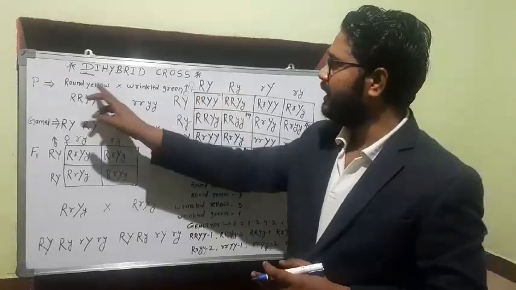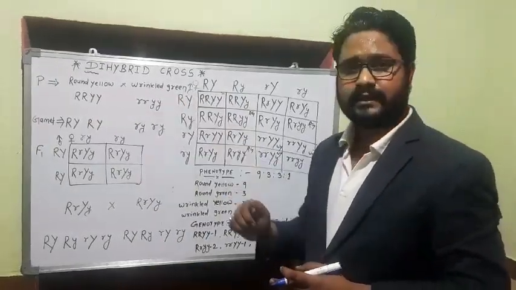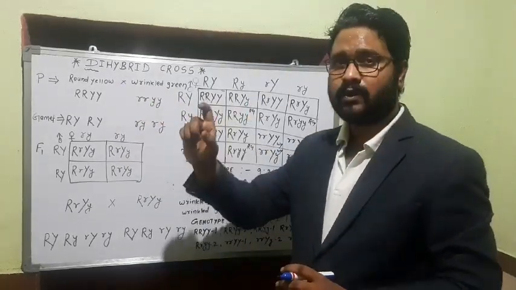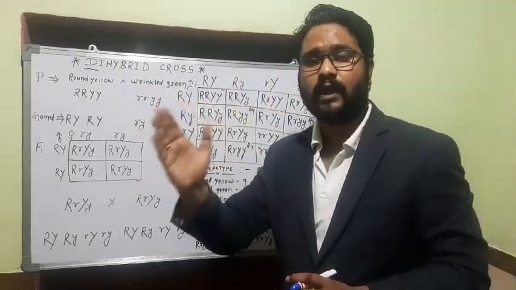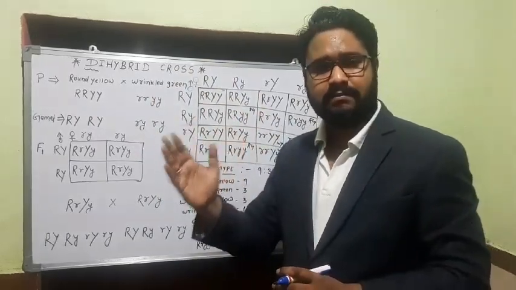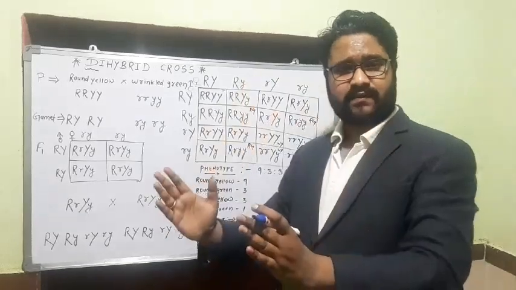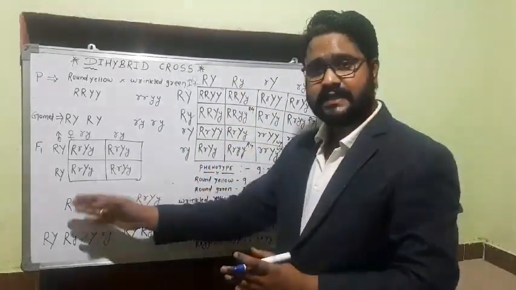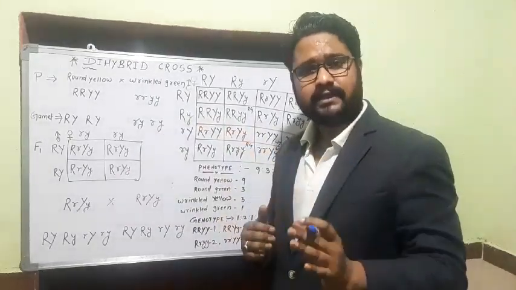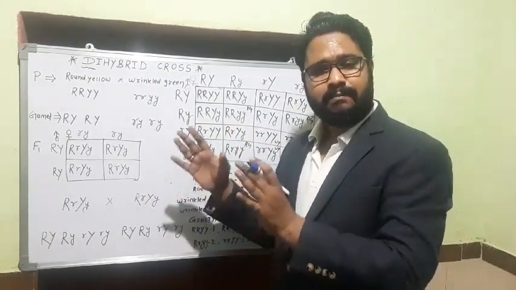You will get round yellow or you will get wrinkled green. But here this wrinkled with yellow is a new combination, and that is the application of the second law of Mendel, that is law of independent assortment, which justifies that these traits express, or these genes express, independent of other, and that's why it is called independent assortment.